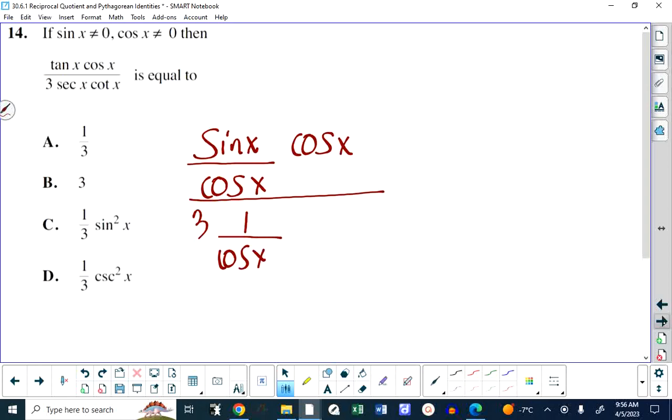Now, notice where the 3 is. It's not 1 over 3 cos x. The 3 is being multiplied by secant of x, which is being multiplied by cotan of x. So it's 3 times secant, and secant is 1 over cos, times cotangent, which is cos over sine. Oh, we're catching some lucky breaks here, aren't we?